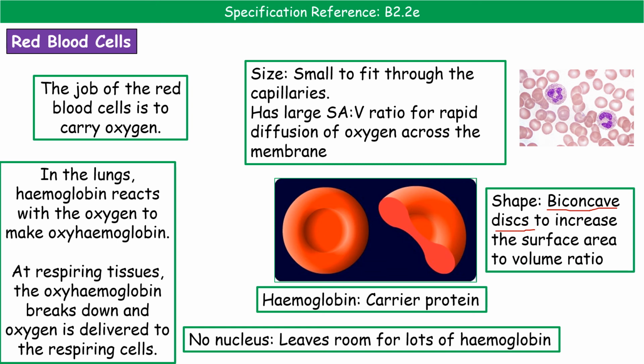And what we also find is that they are going to have this large surface area to volume ratio so that we have rapid diffusion. Hopefully we do know the whole purpose of our red blood cells, as we've been talking about, is to transport oxygen around the body. So make sure you know at least 2 of these different adaptations of our red blood cells, if you like.